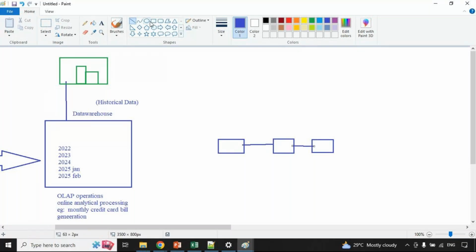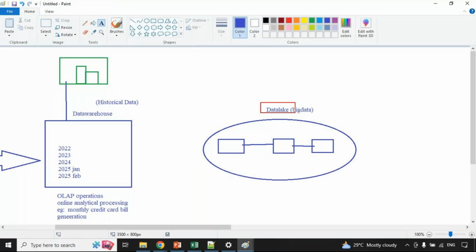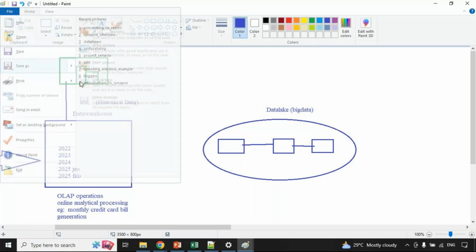Guys, in the coming classes I will tell you data lake in detail. Here you have to understand that a data lake is a distributed file system mainly to handle huge amounts of data, big data. A data warehouse handles only structured data up to a certain limit, but in a data lake you can store unlimited data.